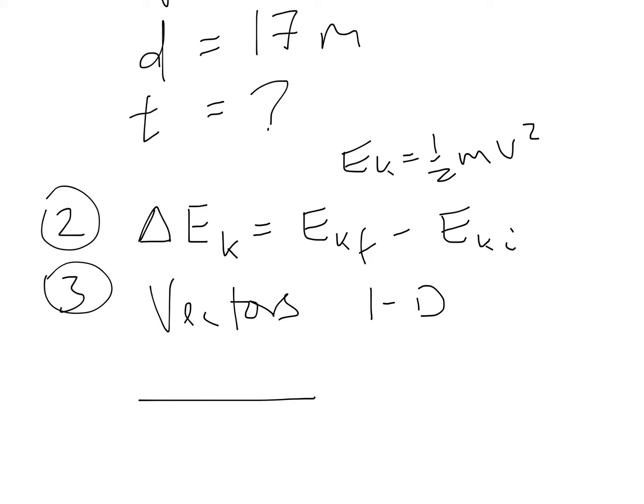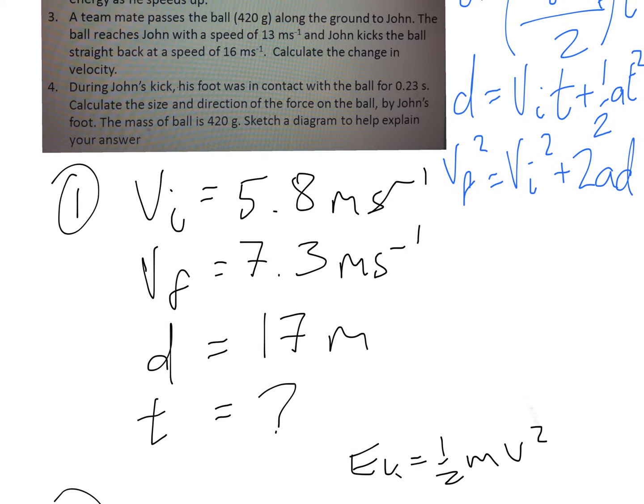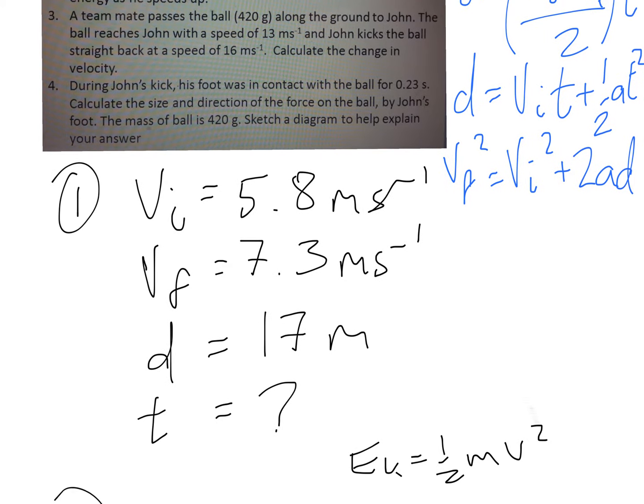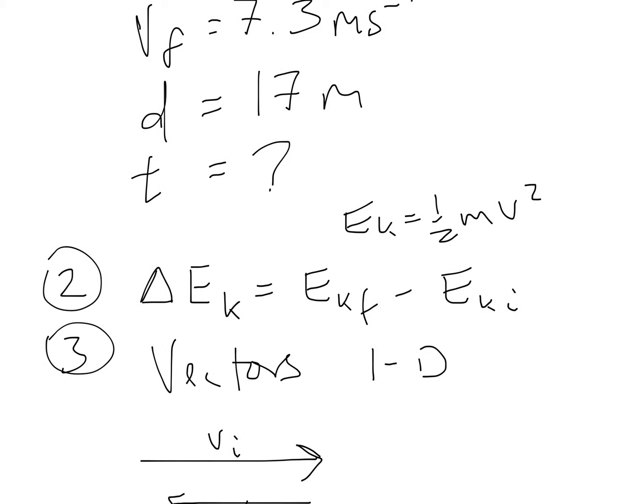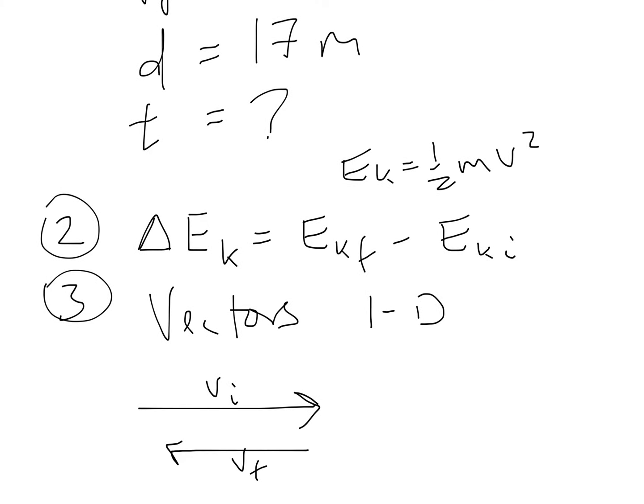We've got the ball coming along at a particular speed, that's the initial, and then the final is back in the other direction. I think I got the arrows around the right way. I'll just double check. So it reaches him with 13 and he kicks it straight back at a speed of 16. So this is actually a longer vector.